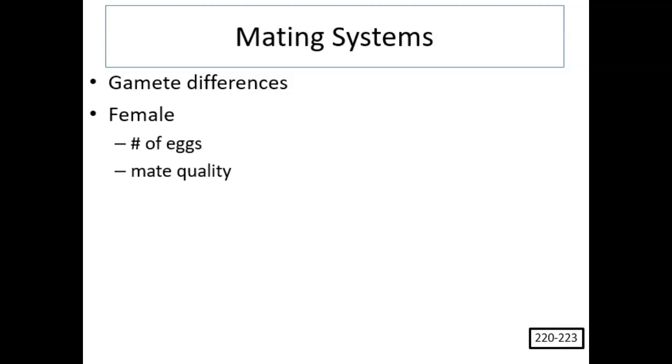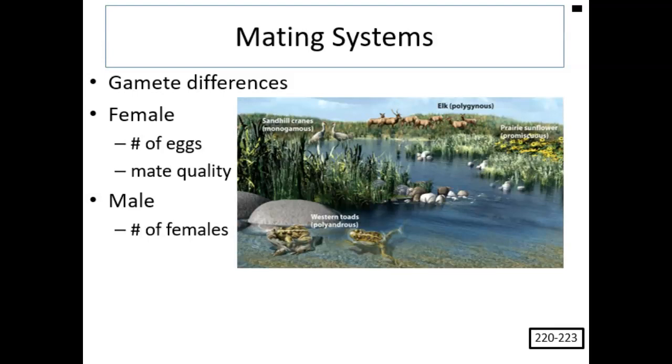On the other hand, since sperm are relatively small and cheap and males tend to produce a lot of them, male reproductive output is often going to be influenced primarily by how many females they can mate with. Alright, so we're going to be thinking about these different approaches to reproduction based on the differences in gametes, and how that plays out in various social systems set up to maximize reproduction for the species involved.